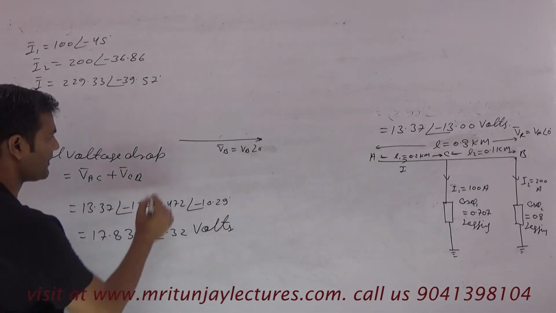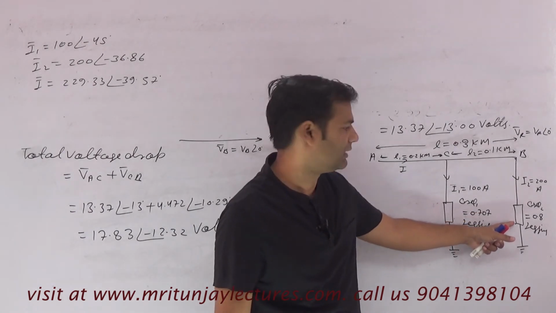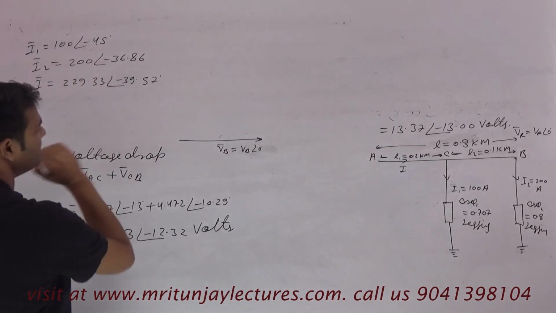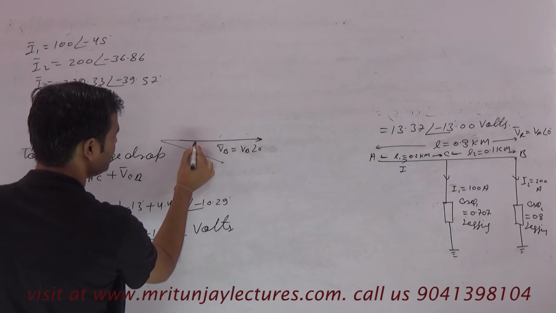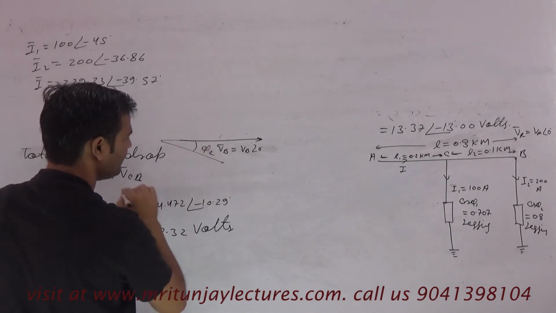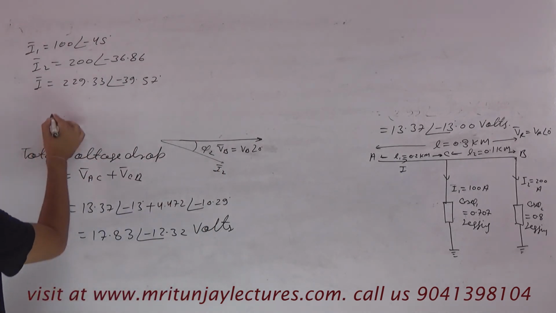I1, first of all, corresponding to make I2. I2 is minus 36 degree. So this one is minus 36. So it is written phi 2. That is I2.